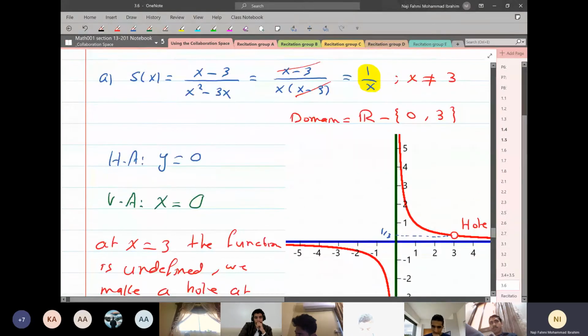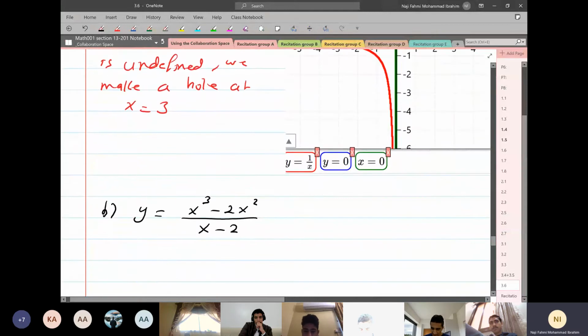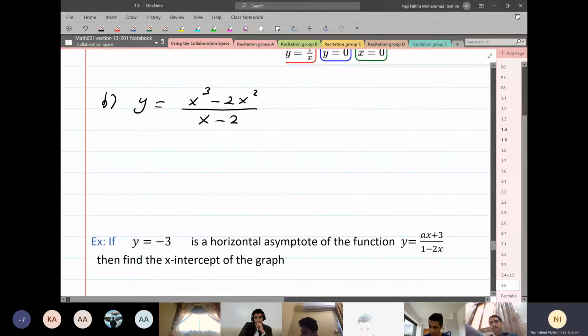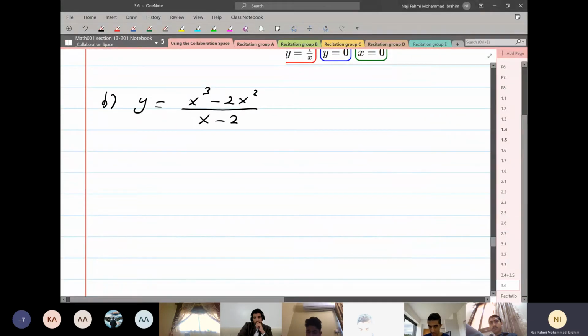Is this the answer of the function? Okay, Mohammed Al-Harthi, factor this for us. Equal x squared. Again, repeat the factoring.